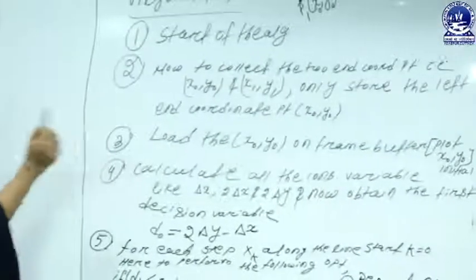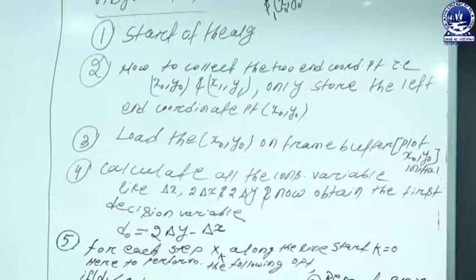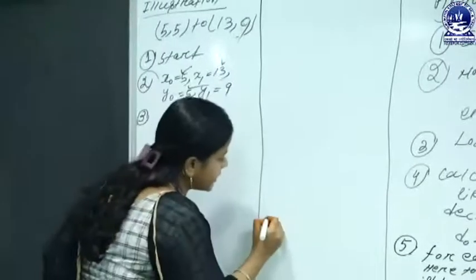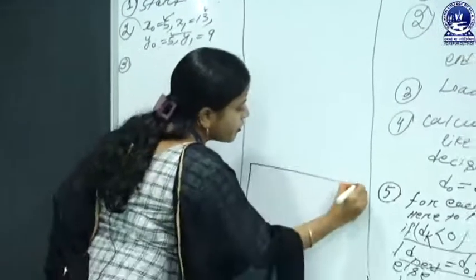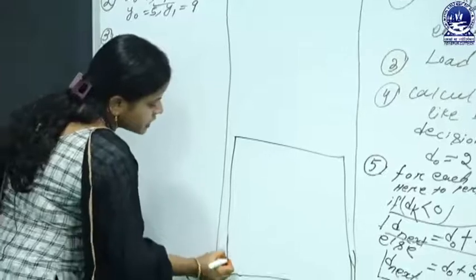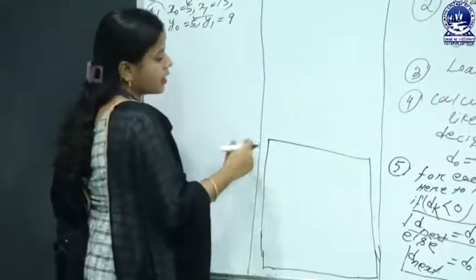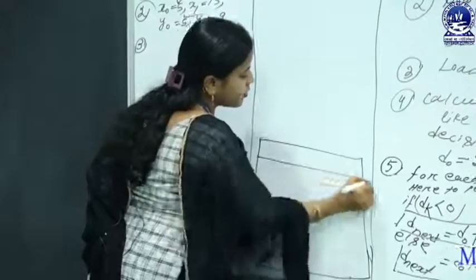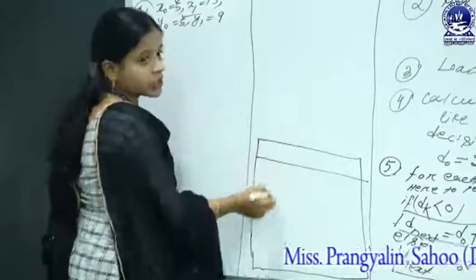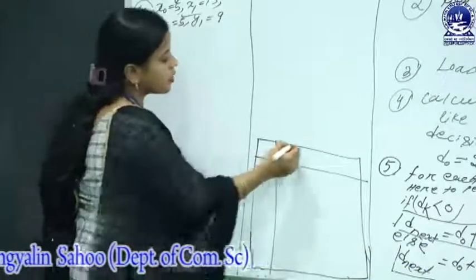In the third step, we load x0, y0 into the frame buffer. That means we create a particular frame buffer location where all the pixel points are stored. For storing the frame buffer location values, I have created a tabular structure that holds all the pixel points, and this table consists of some fields.